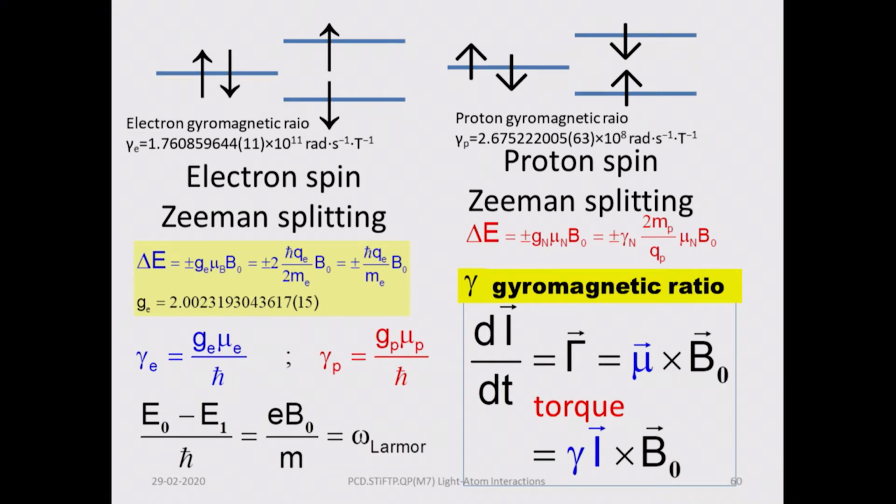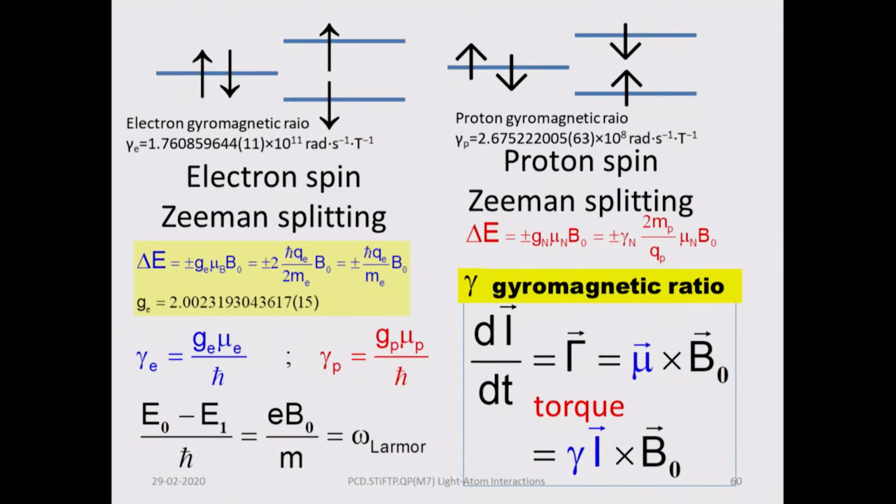Now, what the magnetic field does to the magnetic moment of either the electron or the proton, whichever it is, it puts it in a state of precession.